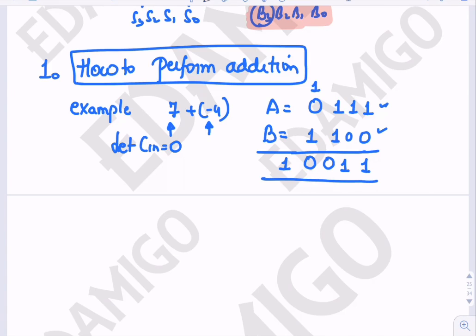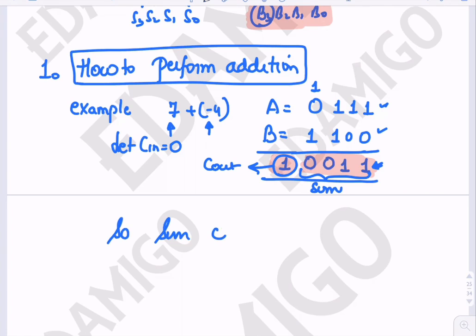So this is the sum output, that is S, and this is the carry output, that is Cout. Now we can see that 7 minus 4 is 3 only, and we are getting the sum, that is 3, but we are also getting a carry output, that is 1.